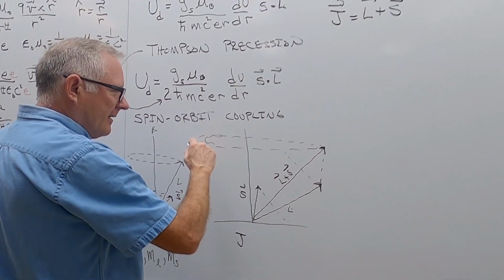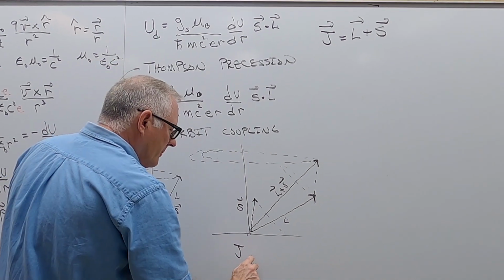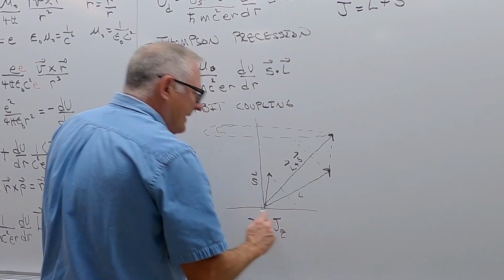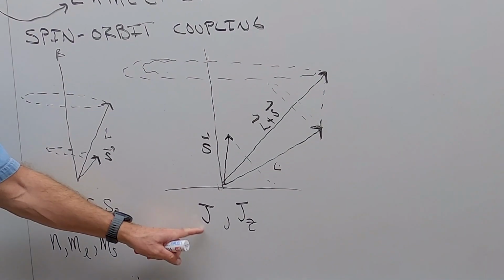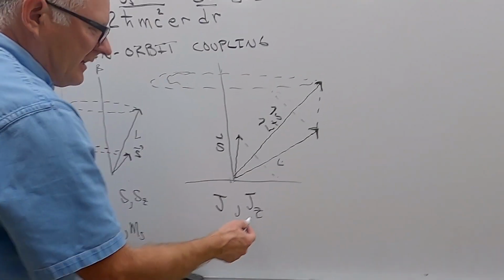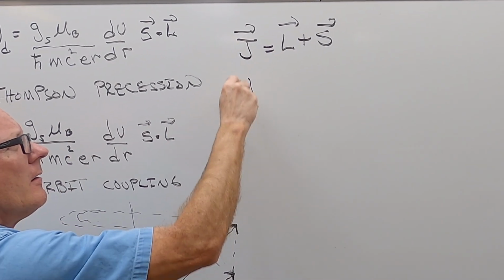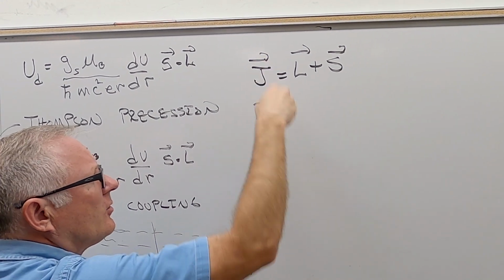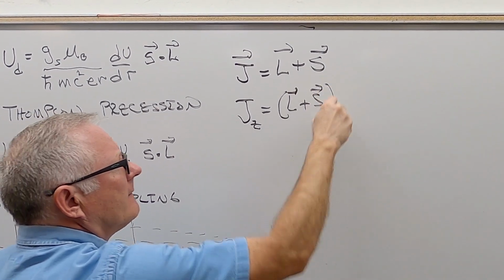So J sub Z is what we want. These two are the ones we want, which is just L plus S and the Z component.